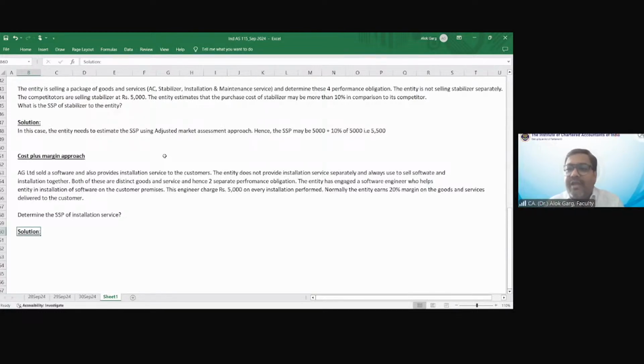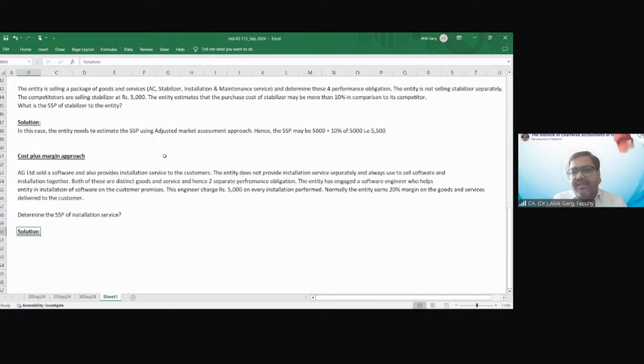If this entity would have sold the installation separately, I will take that price and allocate, or I can take the cost plus margin approach. By applying the cost plus margin approach, I know the cost incurred on this goods and services. The cost is 5,000 rupees I am paying to the engineer for every installation performed. And in my business, I expect a 20% margin whenever I am selling goods and services.